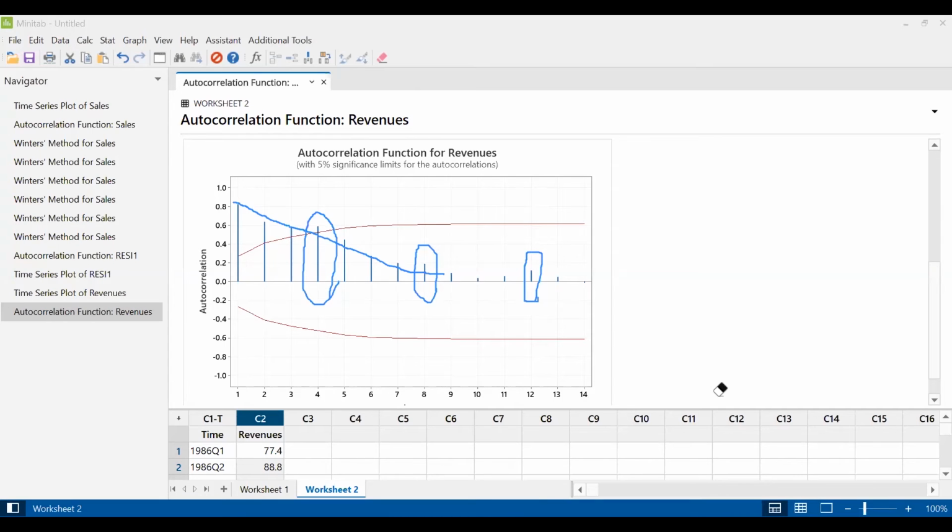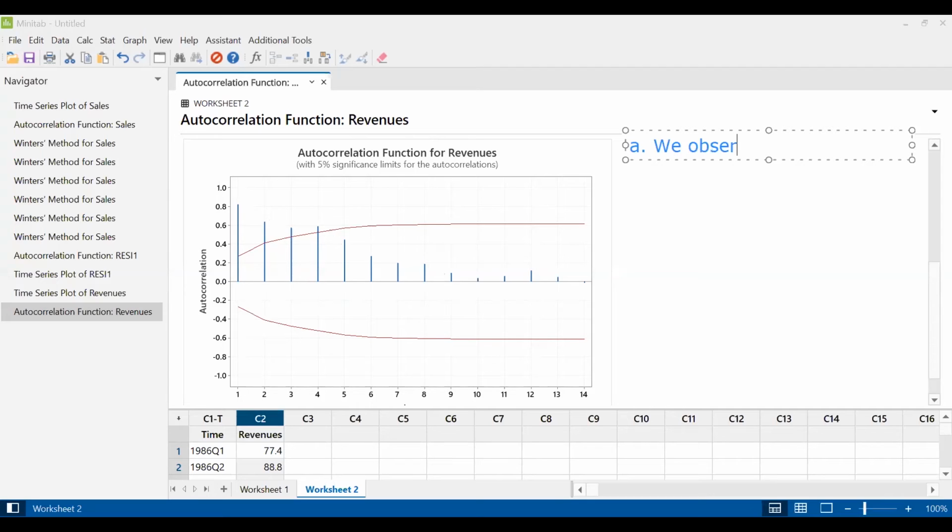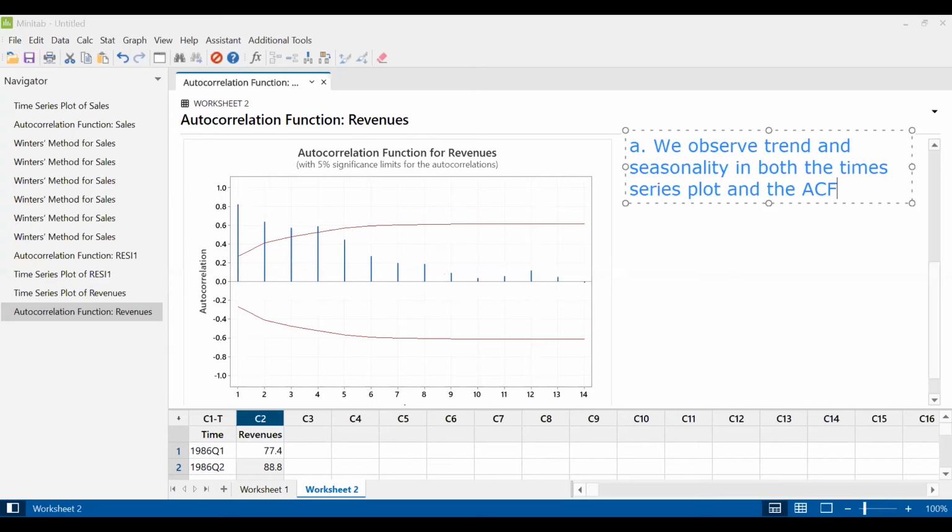All right, so for part A, the answer actually turns out to be similar to the first one. So we observe trend and seasonality in both the time series plot and the ACF graph.